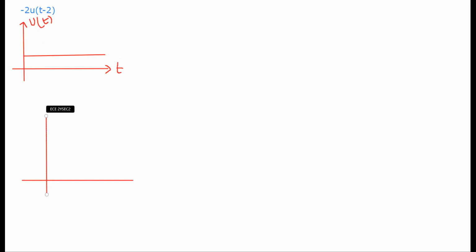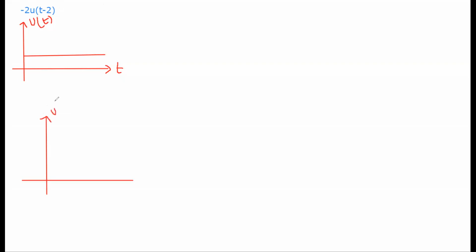Here this t minus 2 indicates time shifting. So first let us shift the signal by 2 units of time.